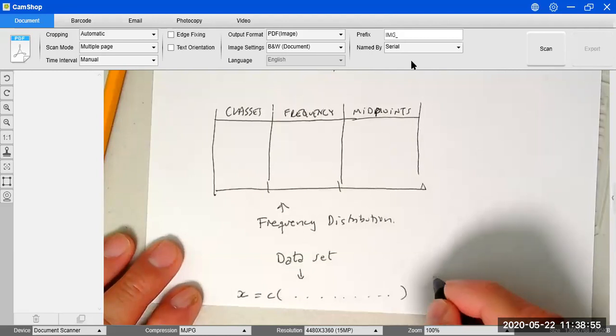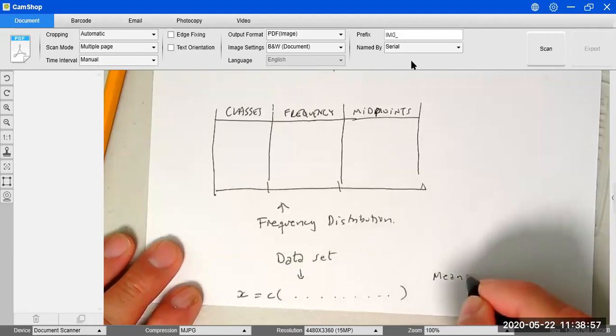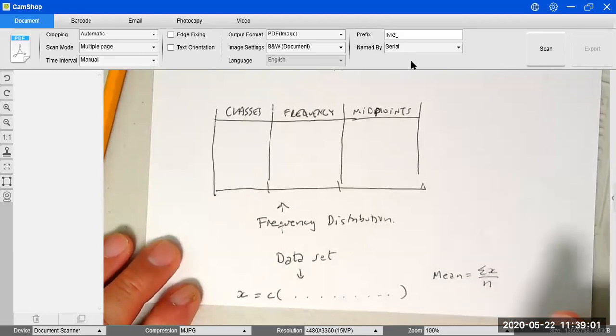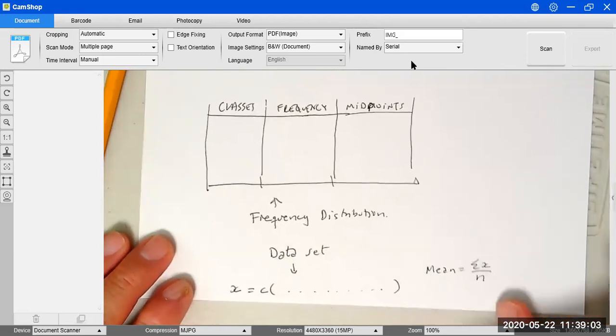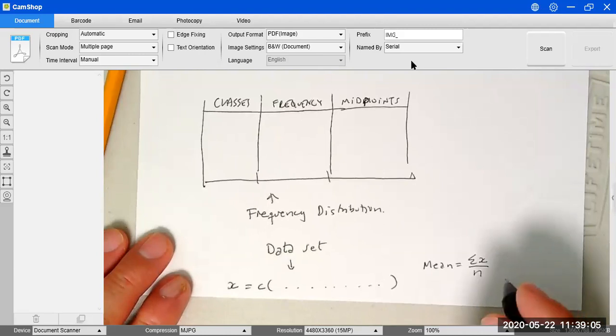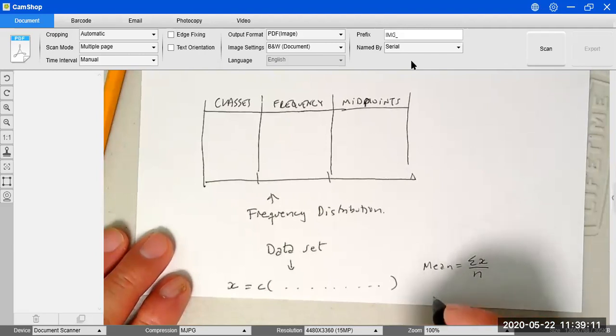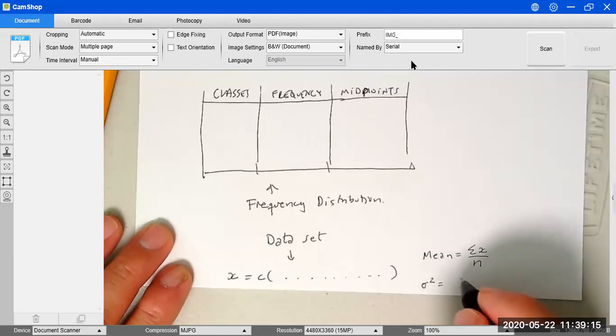So in this case, if you remember, the mean is just the sum of X over n if you are working with a sample, or over capital N if you are working with a population. And the variance, again, you just learned this in the previous part of the video.